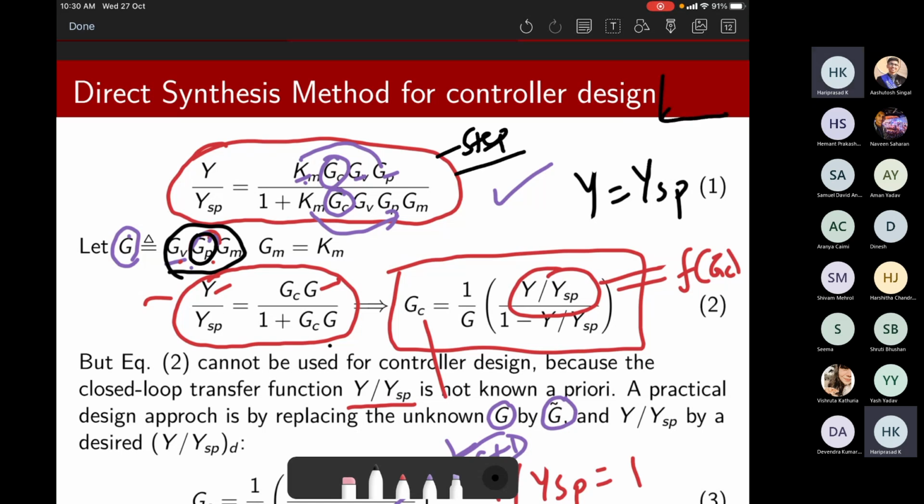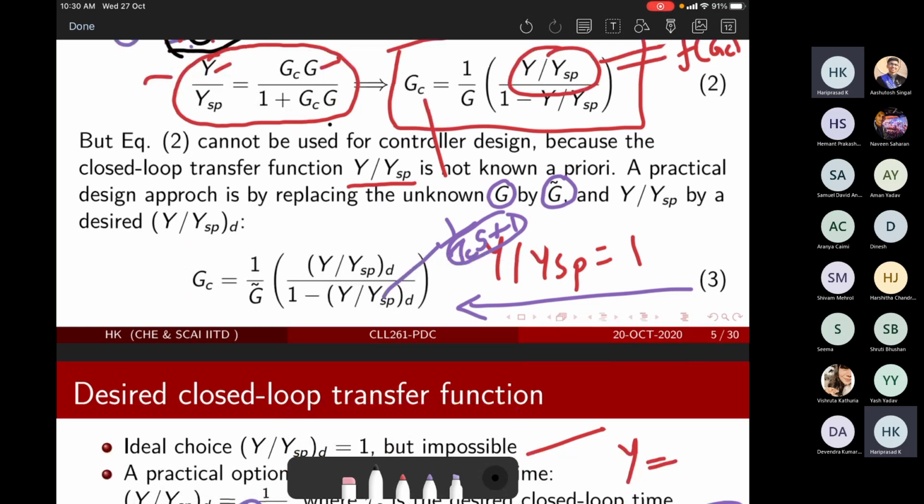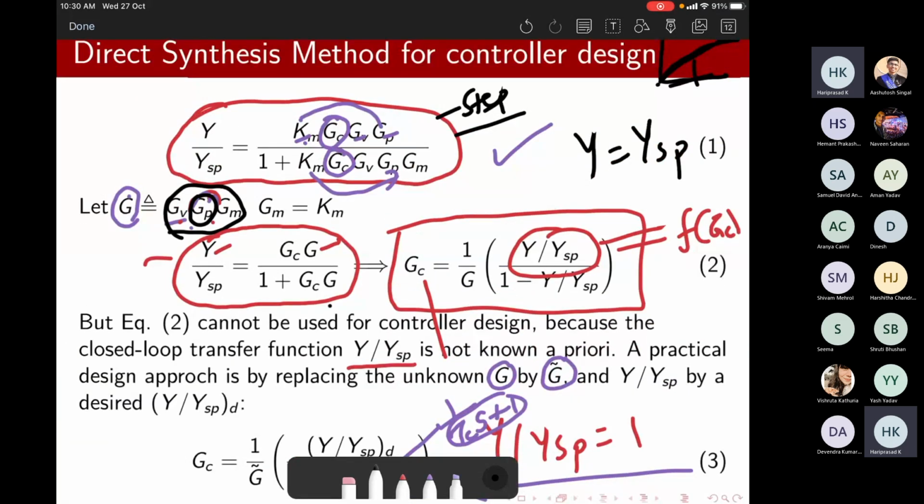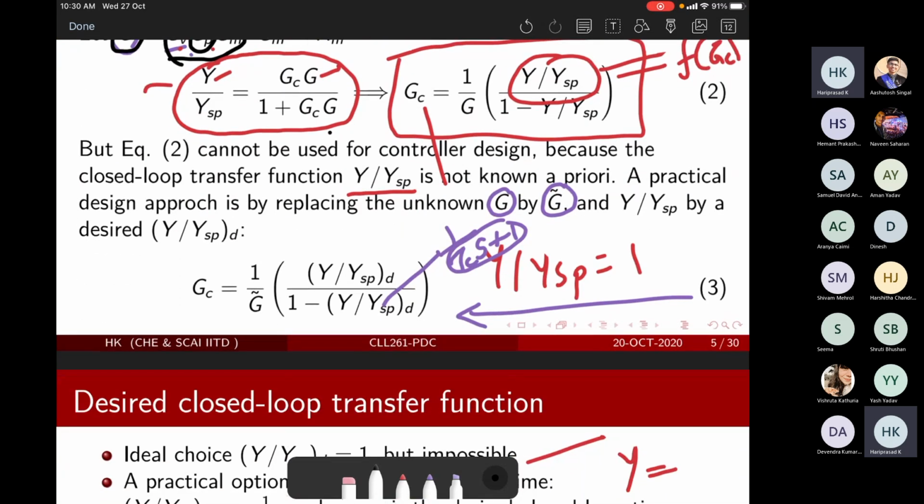You have the process reaction curve, take the slope, calculate everything, you will get gp, but as you always know, this is not going to be the true gp. So it is an approximate gp. As a result, g is also not fully computable, but you will get an approximate value of g, which is called g tilde.